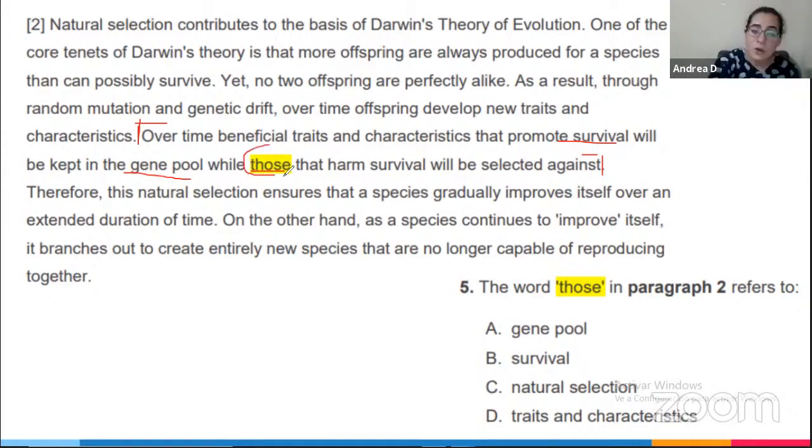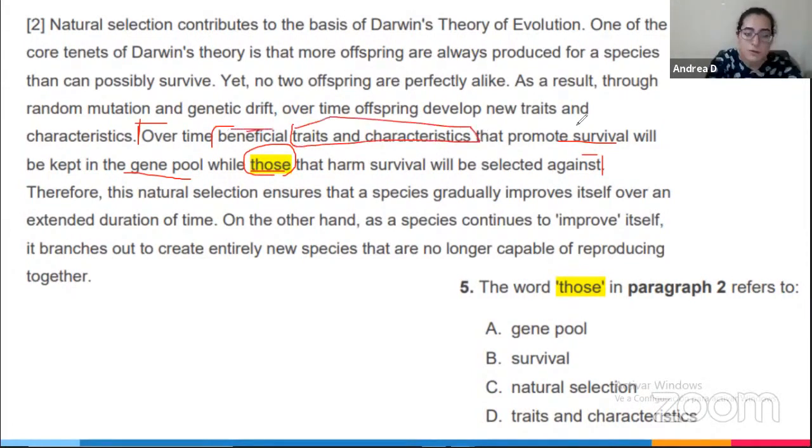While those, what those? Well, the ones that harm survival, or I'm sorry, the traits and characteristics that harm survival will be selected against. So you just need to find out what the main thing is, the thing that we're talking about, the subject of the sentence. We're not looking at beneficial, but we're looking at traits and characteristics.